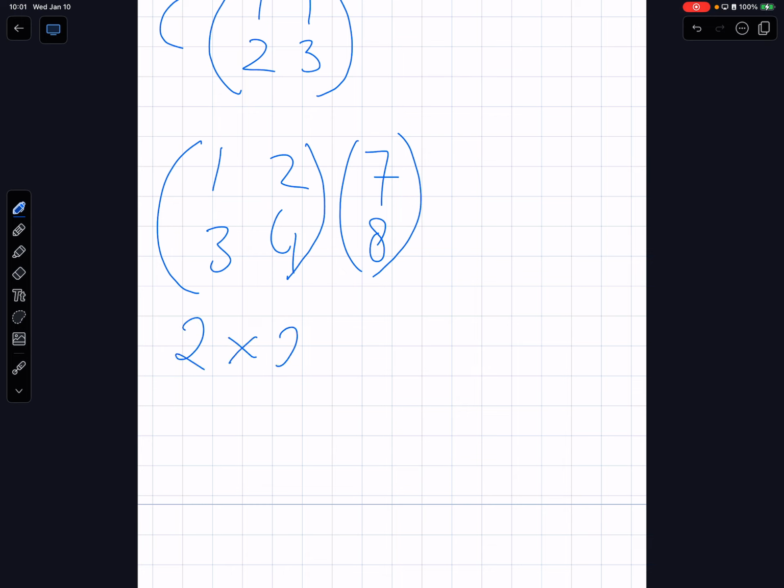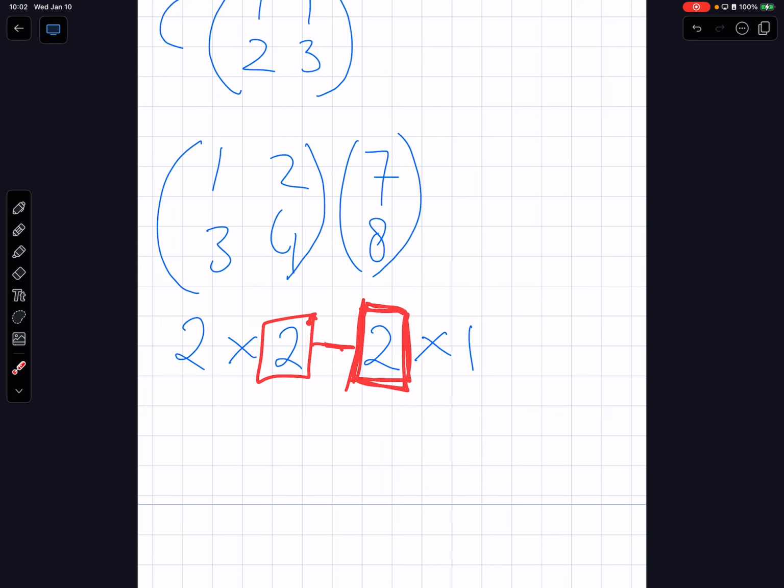This is a 2 by 2 with a 2 by 1. The column of the first matrix matches the row of the second matrix, so they can be multiplied.